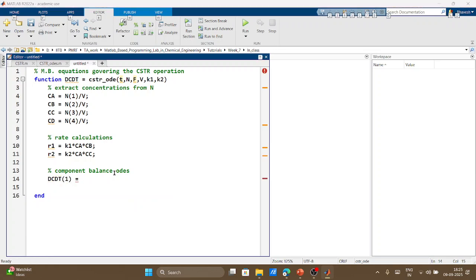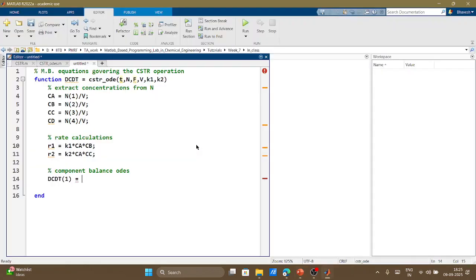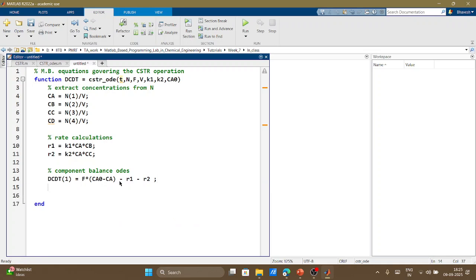The first part will be the mass balance for A. So you have F into Ca0 minus Ca. One piece of information which I haven't called is Ca naught, so I will also put Ca naught here, Fv comma Ca naught, minus R1 minus R2. Okay, so this is the first ODE.